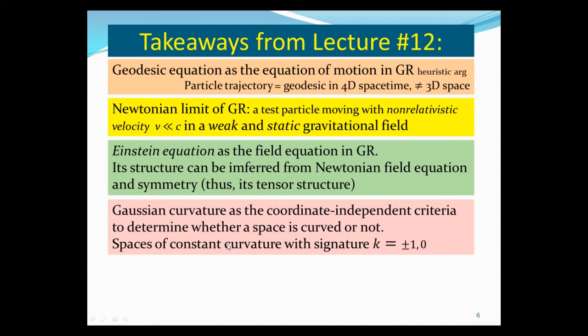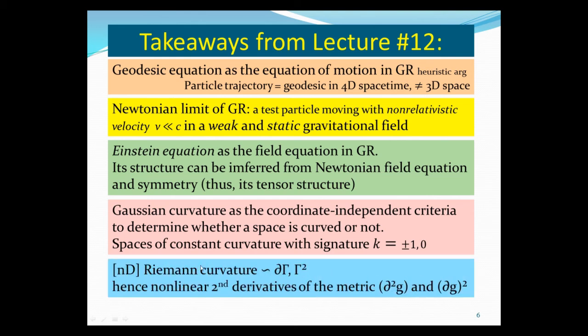The space of constant curvature has signature k equal to plus 1, minus 1, or 0. In higher dimensions, the so-called Riemann curvature involves terms with the first derivative of the Christoffel symbols or the square of the Christoffel symbols. So it's linear in the second derivative of the metric and involves the square of the first derivative.